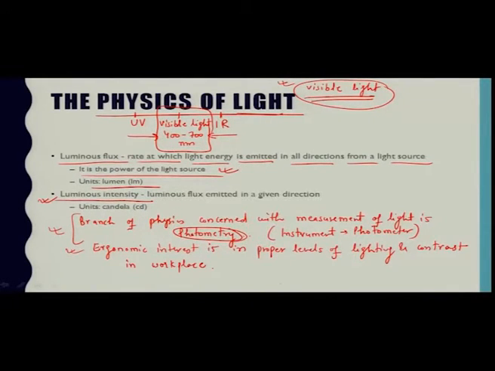So a closely related term is luminous intensity, which can be defined as the luminous flux emitted in a given direction. Specifically, luminous intensity is the luminous flux radiated per unit solid angle. We will understand what this solid angle is.